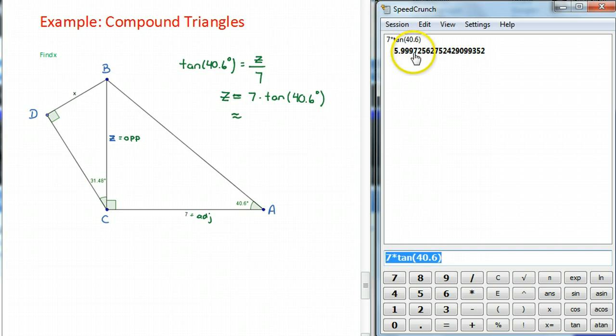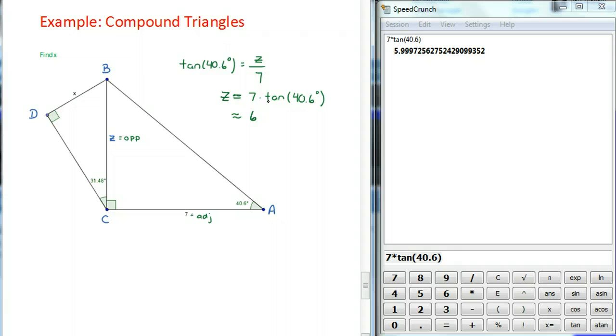And if I round this to 3 decimal places, I get 6. So we know Z is approximately equal to 6. And to help communicate my idea, I'm going to write step 1: find Z.